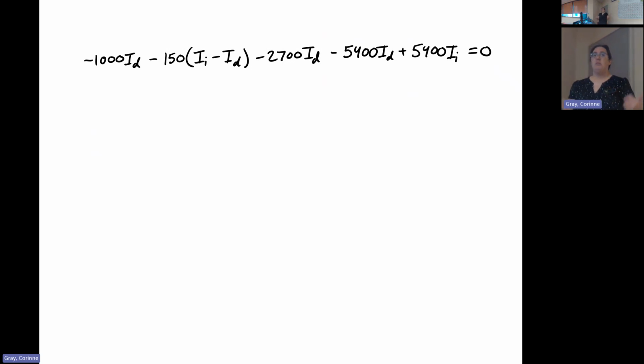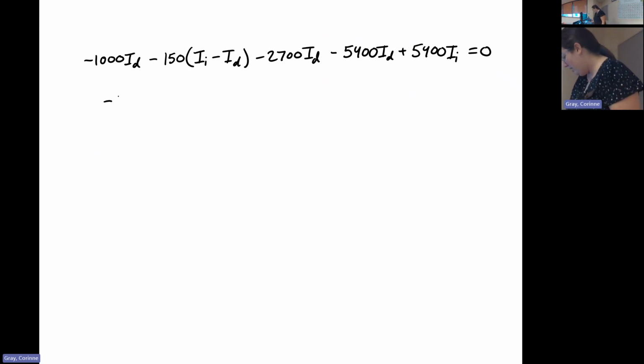Once we have that, we can go through and solve for I delta. So do whatever rearranging you need to do first in order to get here. Personally, I would have to distribute my negative sign because otherwise I'm gonna screw that up.